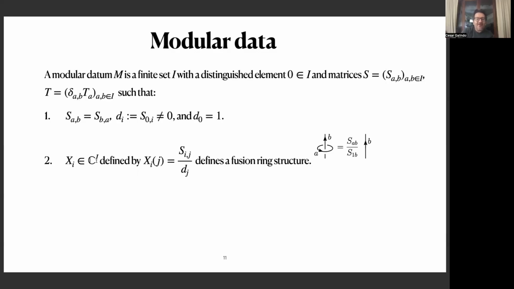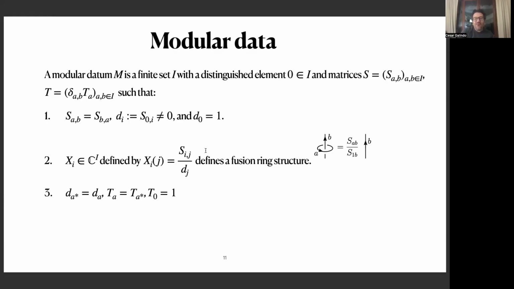We can define a function from I to the complex numbers by this equation: xi evaluated at j is the value of S_ij over the quantum dimension. In the case of braided fusion categories, they correspond to this particular diagram, if you know it. And the idea is that these functions have to form a basis. This is a condition.